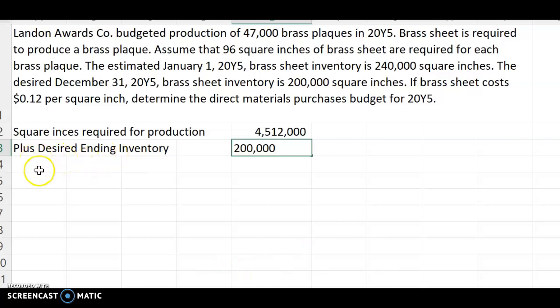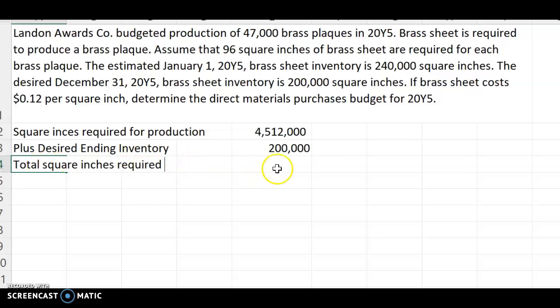So the total that I require for what I need for the production plus what I want to have in ending, I add these.